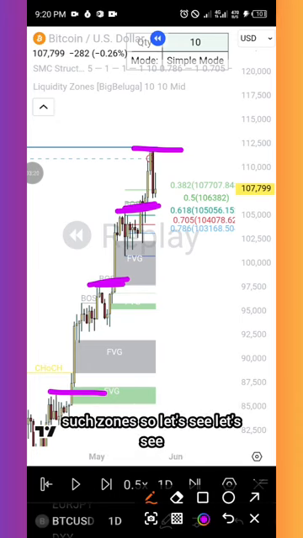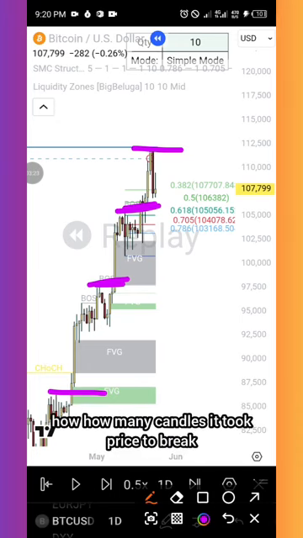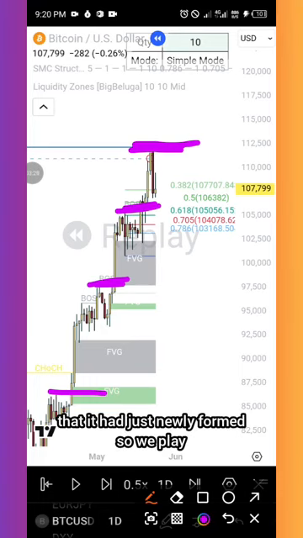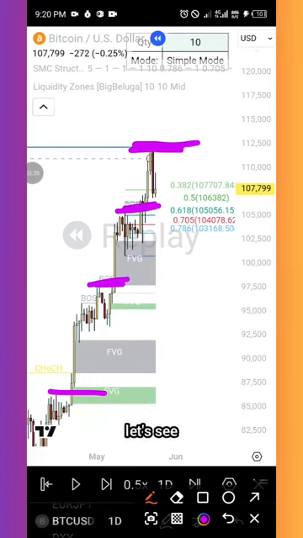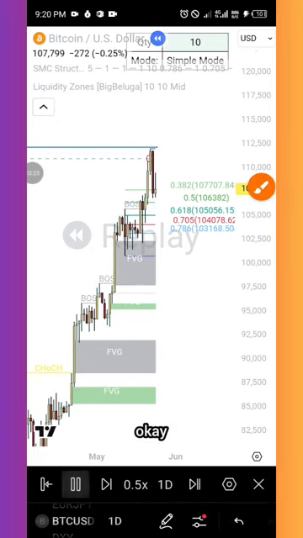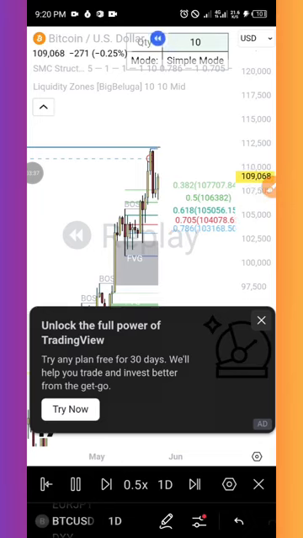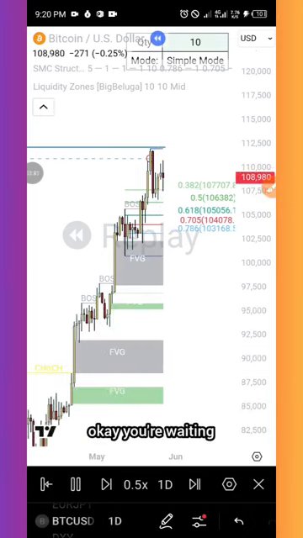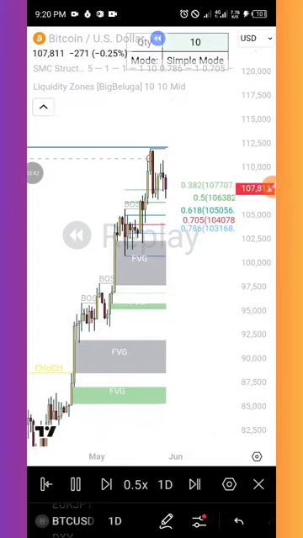So let's see how long it took price, how many candles it took price, to break this exact zone here that had just newly formed. So we play, let's see. Okay, you're waiting.